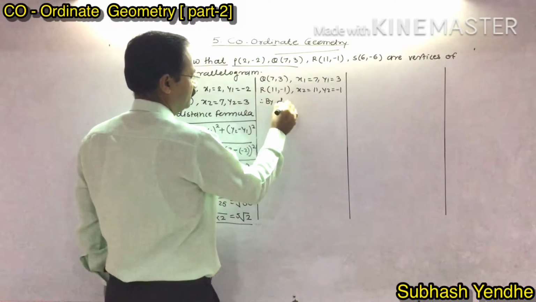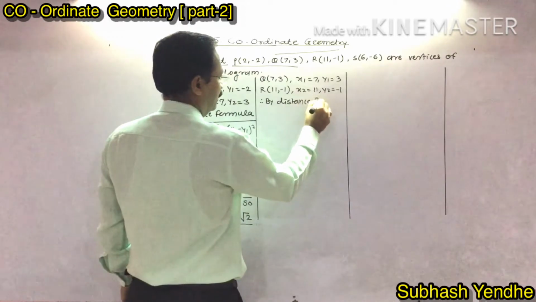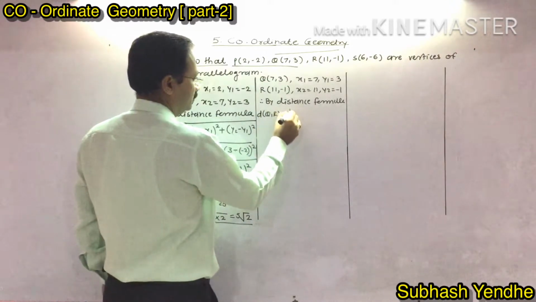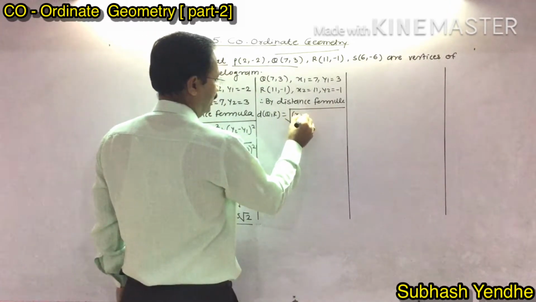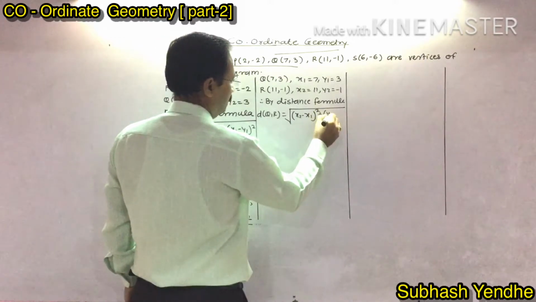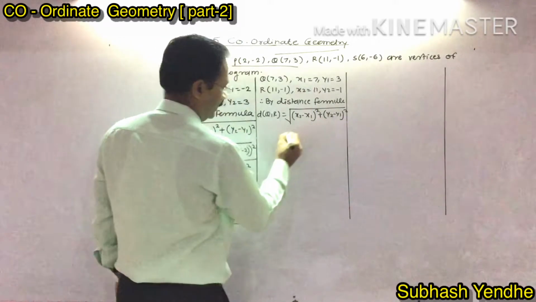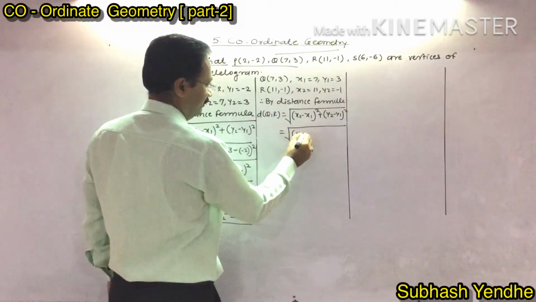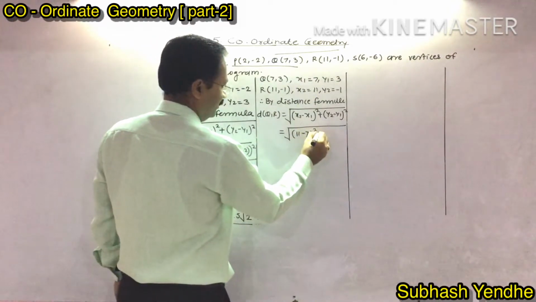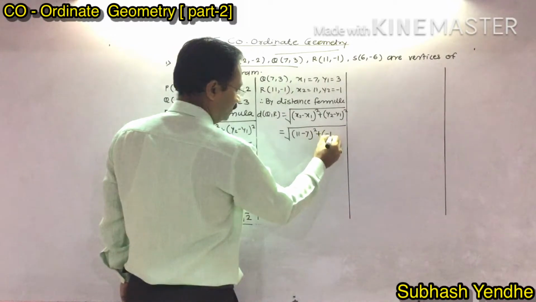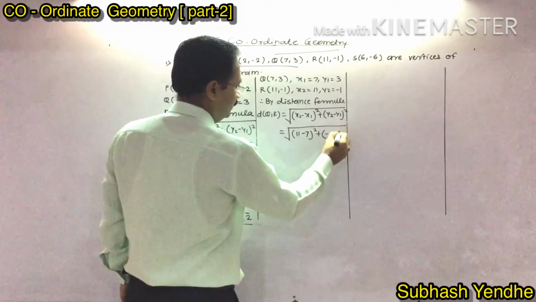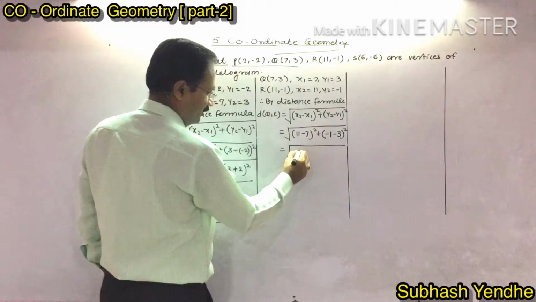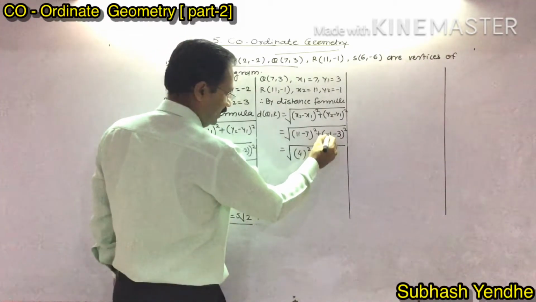Therefore, by the distance formula, distance QR equals under root of (x2 minus x1) bracket square plus (y2 minus y1) bracket square. Now substitute the values. x2 is 11, x1 is 7, y2 is minus 1, then minus sign, y1 is 3. 11 minus 7 is 4.